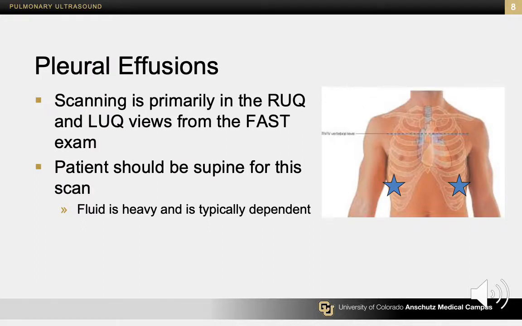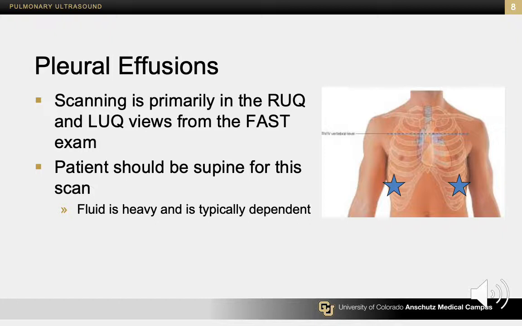Okay, so pleural effusions. As you can see by the stars, this is predominantly where you're going to be scanning: the right upper quadrant and left upper quadrant views for the FAST examination. You're trying to get the interface between the peritoneum and the thoracic cavity, the diaphragm.